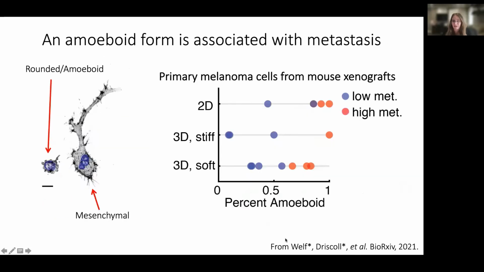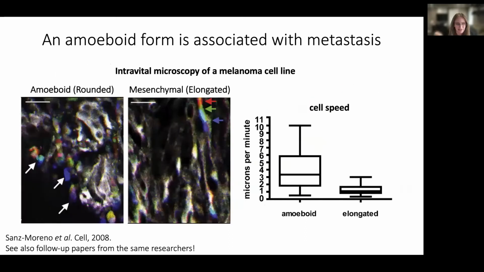But we found with primary cells that were grown in mouse xenografts that the more metastatic the original tumor, the more amoeboid the cells were. And other people have found this as well in various contexts. So we know that an amoeboid form is associated with metastasis for melanoma cells.